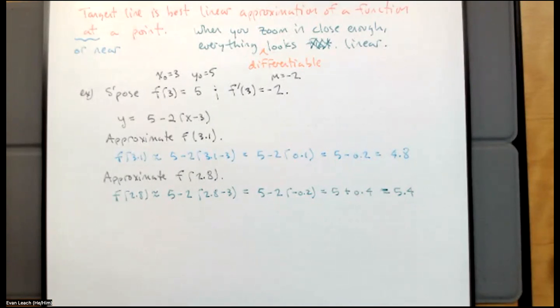It also depends on what the function is doing. Like if 3 is right near a point where we know the function is turning around, maybe a little bit further away from 3, and the derivative goes from -2 to some positive value, and things are going to start increasing again. So we don't have that information. So how far away we can go depends on the situation. Any questions?